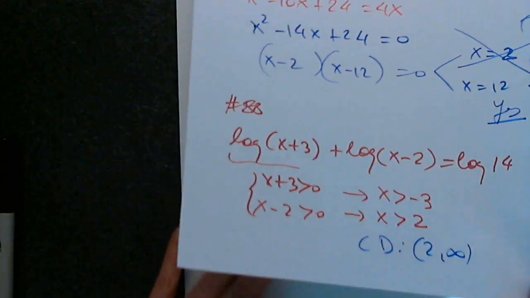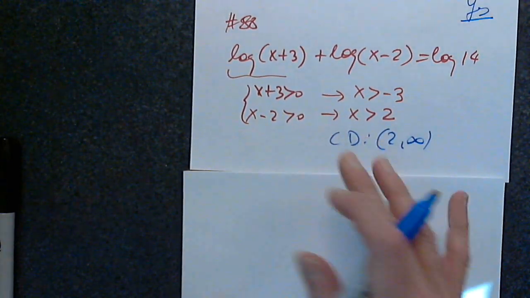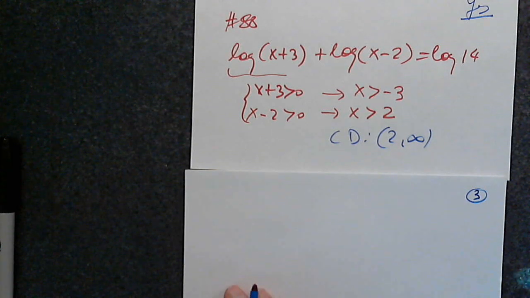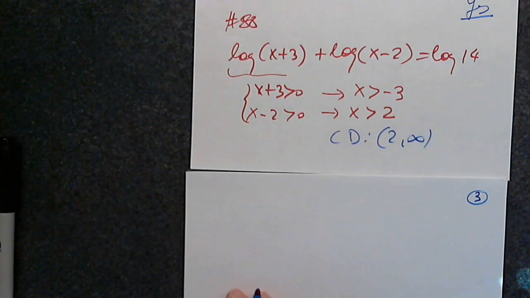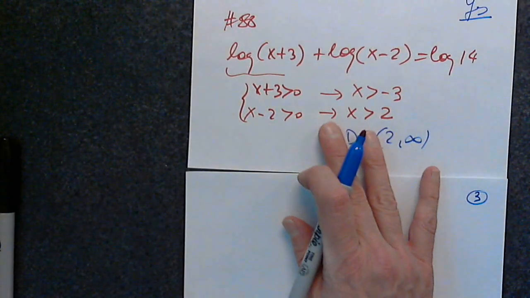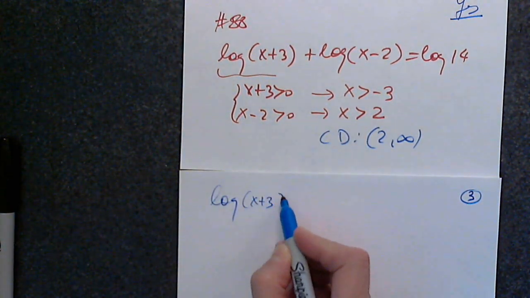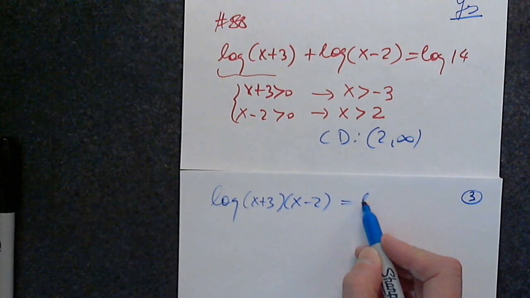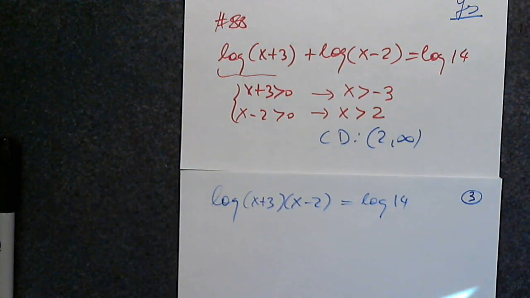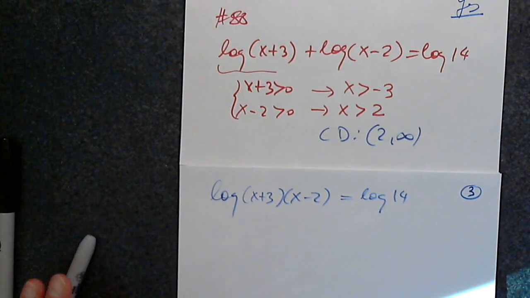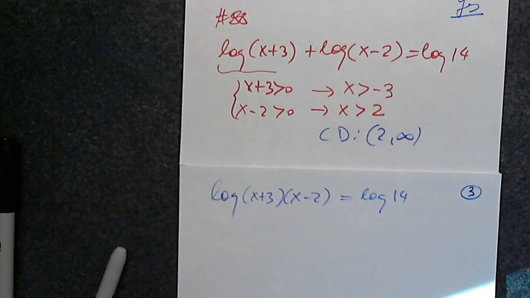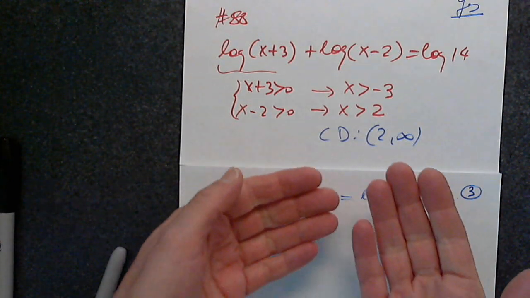Good. Okay, so let's condense the left-hand side as we just did on the other one. How do I condense the left-hand side? Log of x plus 3 times x minus 2. Very good. At this point, this particular equation does not need to be changed into an exponential one. Here's why.